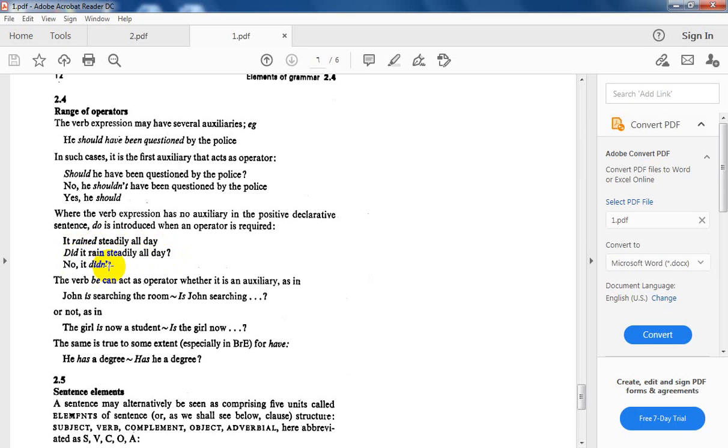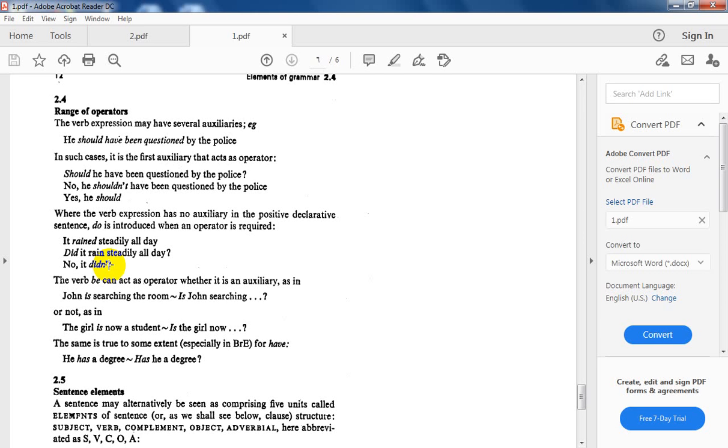No, it didn't. Again, all of us know at this stage of studying English that the be verb has two modes. The be verb can have the function of being an operator if there is a main verb in the same sentence.